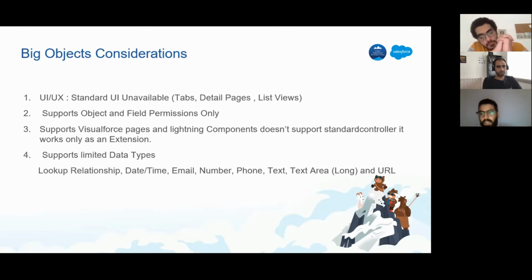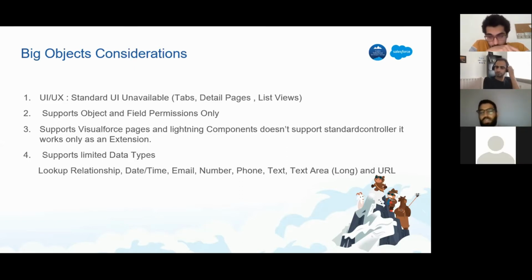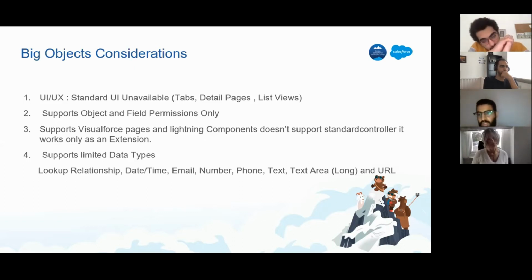The answer is going to be Visualforce pages and Lightning components, and you have to consider also that big objects do not support the standard controller. So in a Visualforce page, you cannot do standard controller equals your big object name. You have to use a standard controller like a standard object or a custom object, and then add an extension for your big object.